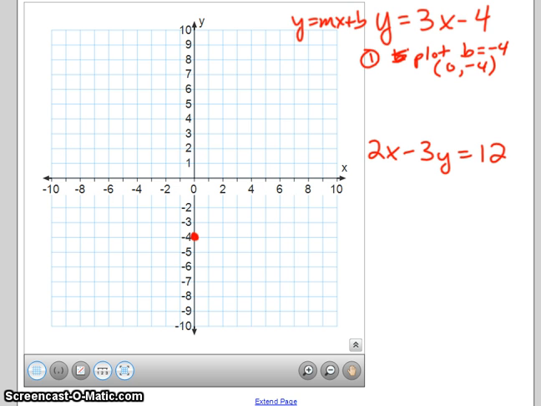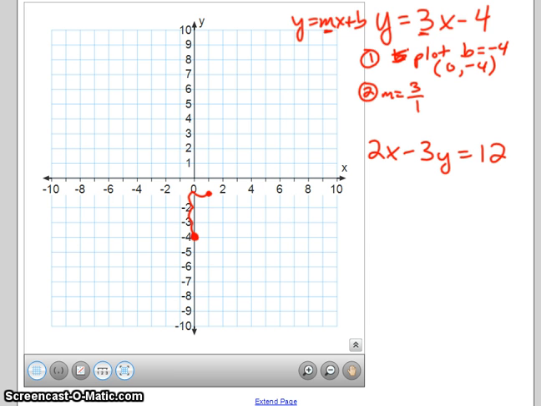The second thing we did was find the second point from the slope. The slope, m, is 3, which is 3 over 1. From our y-intercept we went up 3, 1, 2, 3, and then ran 1 to the right. Up because it's positive 3, and right because it's positive 1.